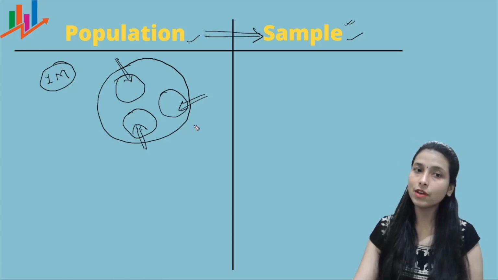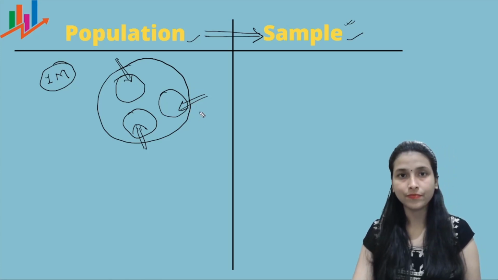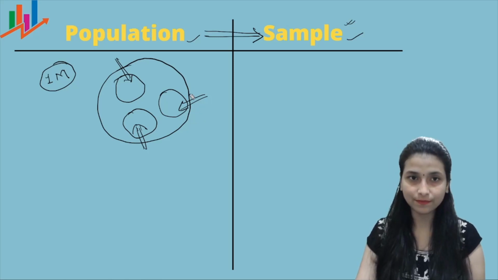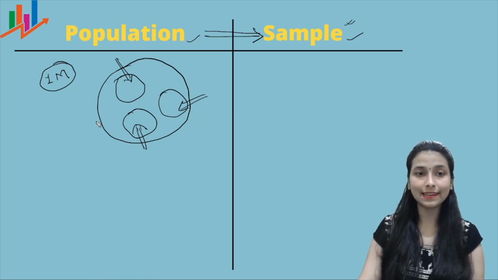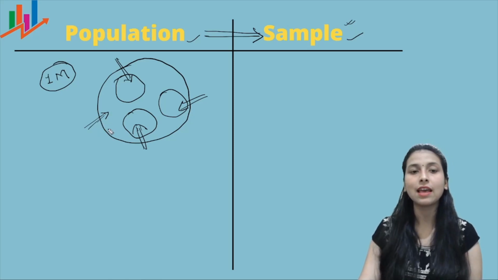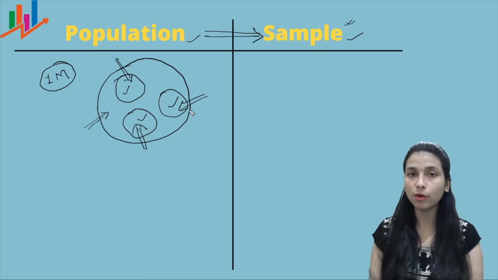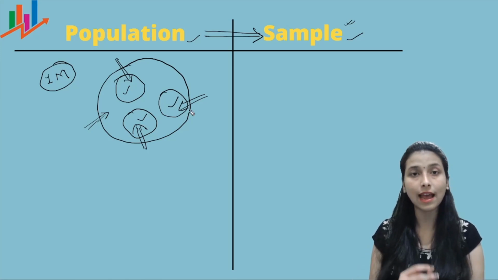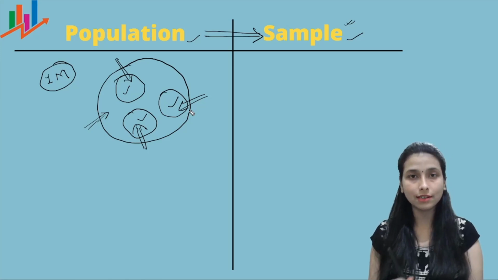In this way we will come to a conclusion about which party is going to win. So one thing is clear: the population data is very huge to perform any kind of analysis. That is why we choose the sample data to perform analysis and to reach a certain conclusion.